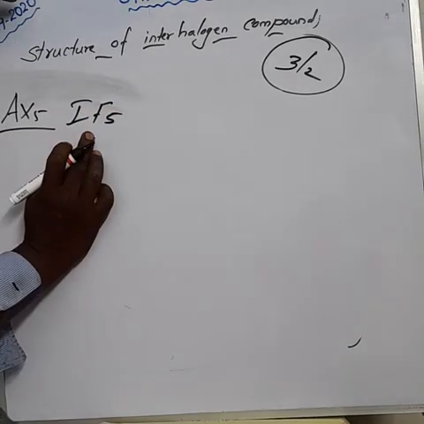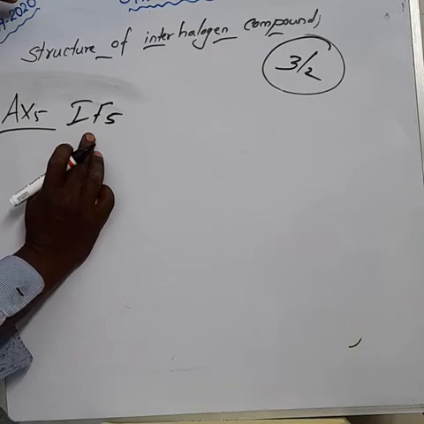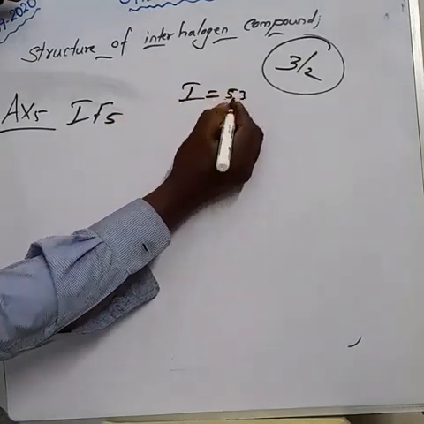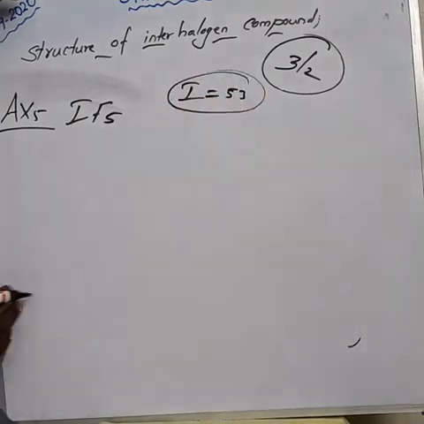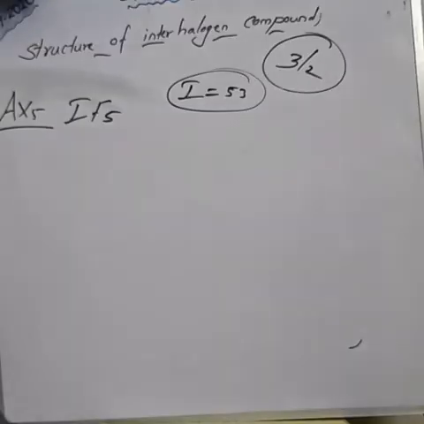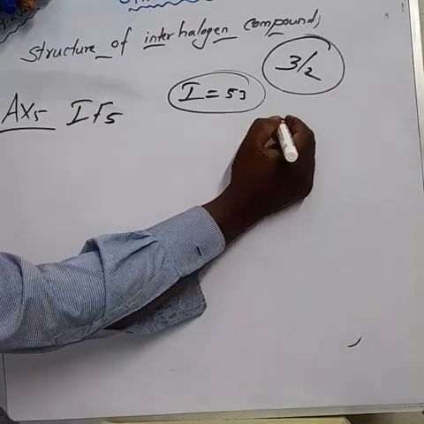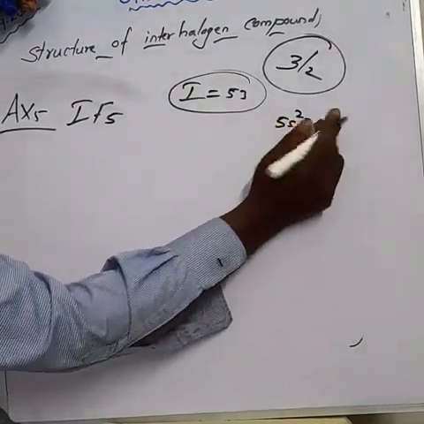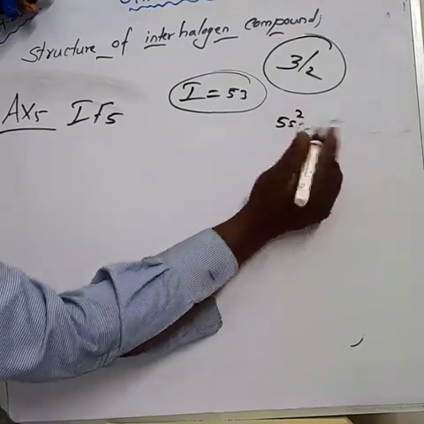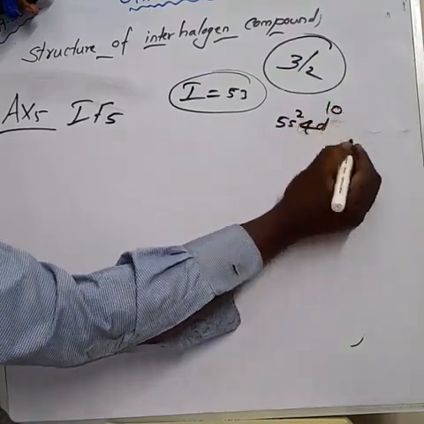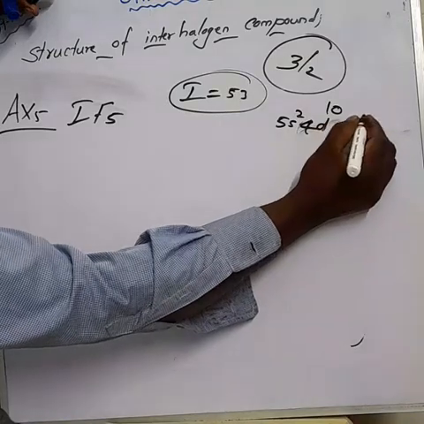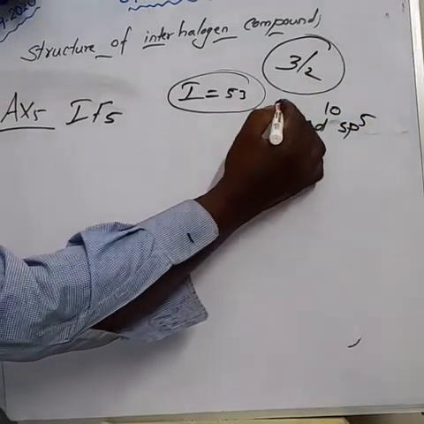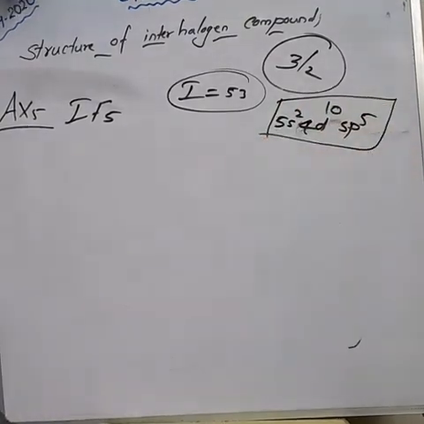We are taking iodine, here the atomic number of iodine is 53, am I right? 53 is the iodine atomic number, anyhow, the last ends with 5s2 4d10 5p5. This is the electronic configuration for the iodine.